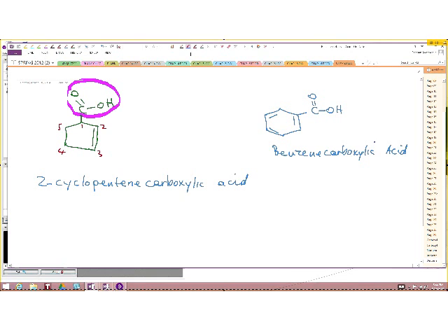However, this compound has been around for such a long time, and the common name is actually an accepted IUPAC name. So the common name for this is benzoic acid. So if you have to give the name of this compound, just use benzoic acid. That is an accepted IUPAC name.